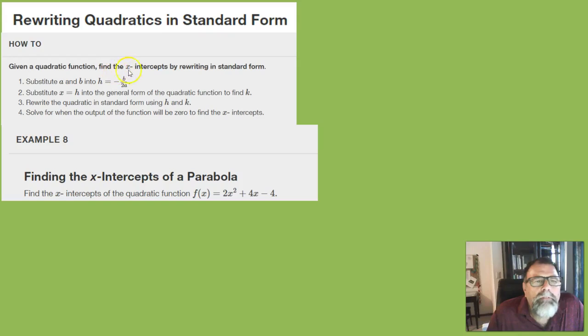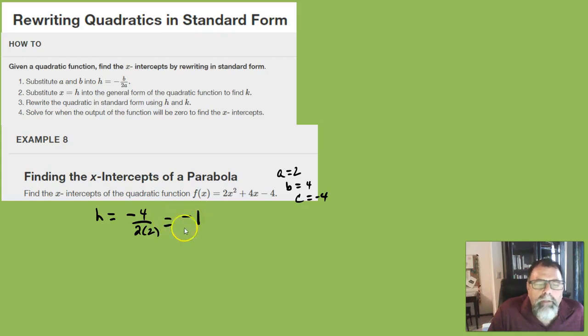Given a quadratic function, find the x-intercepts by rewriting this in standard form. So they want you to first substitute a and b into h equals the opposite of b over 2a. So we want to find the h. So h is going to be, so a is 2, b is 4, c is negative 4. Okay, so the opposite of b over 2a, so that's negative 1.